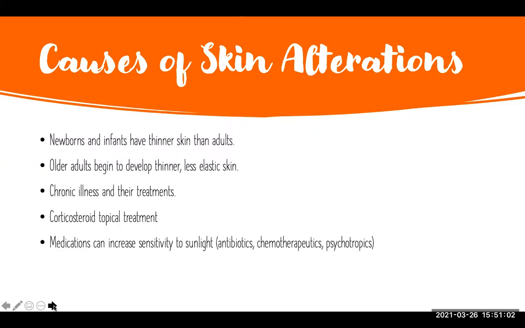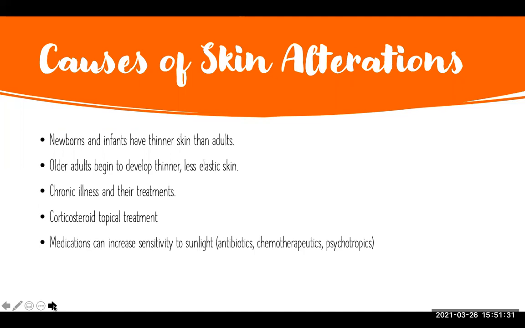It takes about 4 weeks for the skin to fully mature, and that occurs as the skin is exposed to the sun and the environment. And then the very old: as we grow older, we start losing layers of our skin, the subcutaneous tissue is less, we have less collagen, so we lose elasticity of the skin. All of that will impact skin integrity.